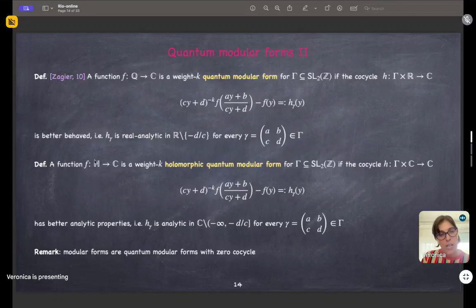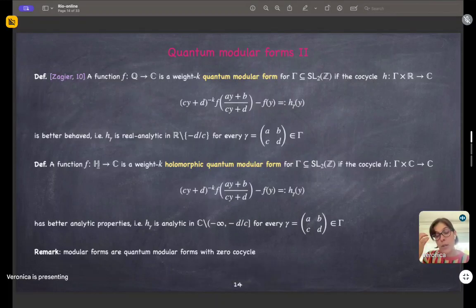Now, instead of just considering a function over the rationals, you look at a holomorphic function defined on the upper half plane. And again, it's a holomorphic quantum modular form if the cocycle h, the difference defined as before, has better analytic properties than the original function. And having better analytic properties for a function defined on the upper half plane means being analytic on a larger domain.